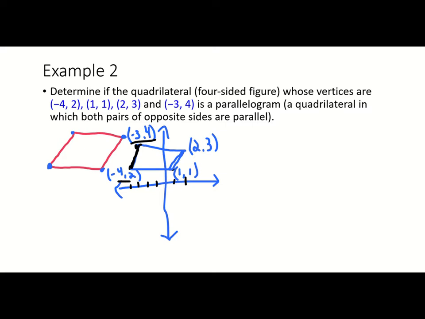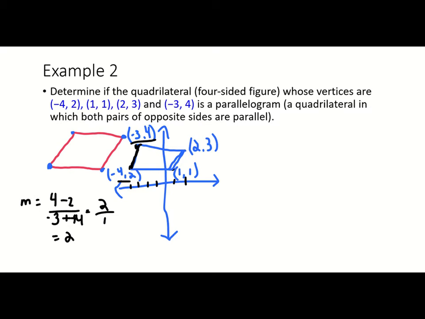So m is equal to 4 minus 2 over -3 minus -4, and that's going to give me a slope of 2 over a positive 1, or 2.